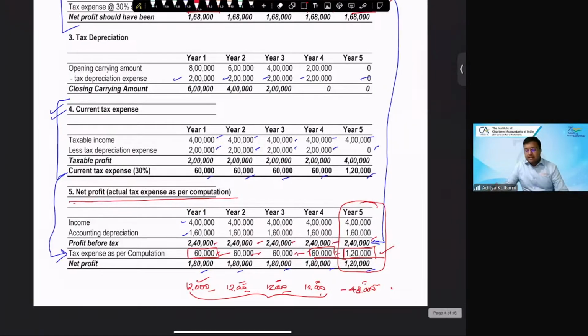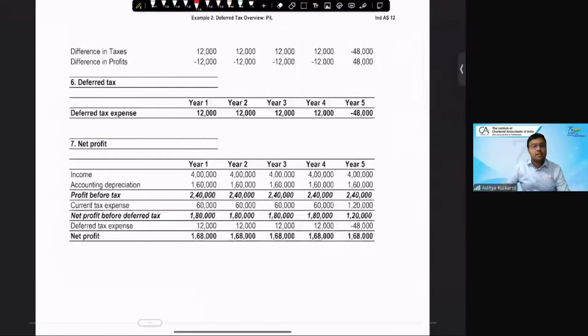So let us understand how the calculation will now look. When I look at the deferred tax implications coming in place, 4 lakh profit, accounting depreciation 1,60,000, so profit before tax 2,40,000. Current tax expense is 60,000 for the first 4 years and 1,20,000 for the 5th year.